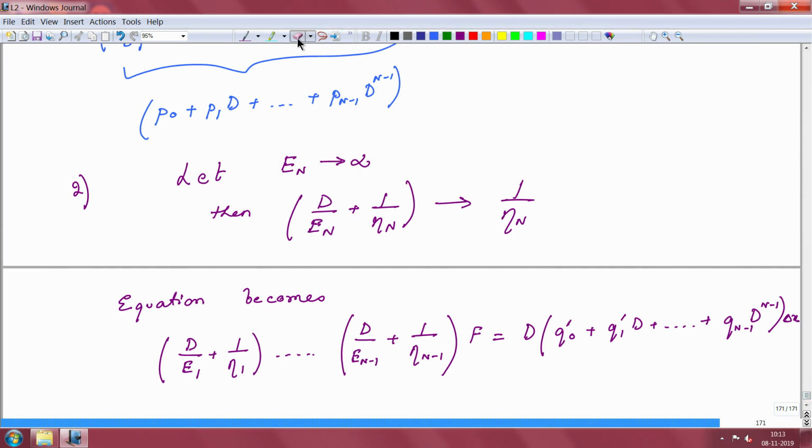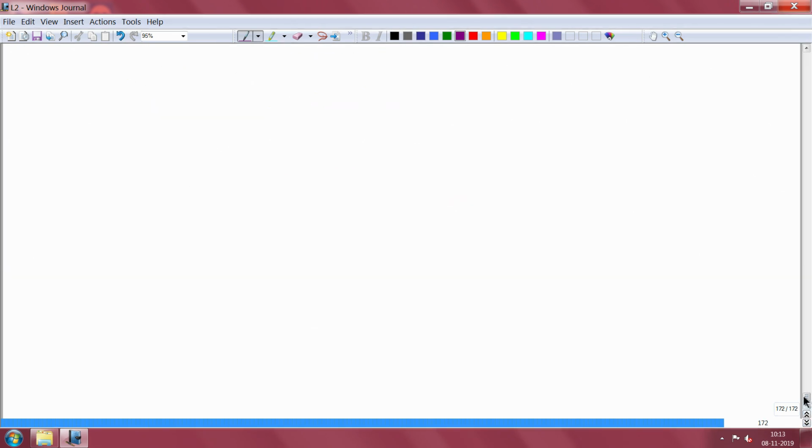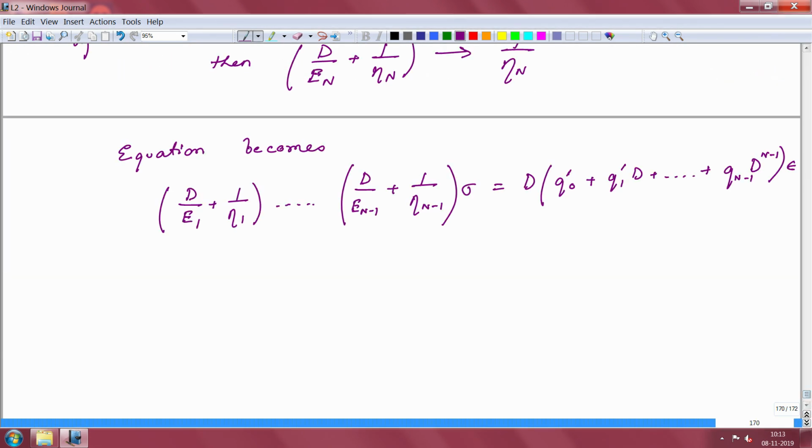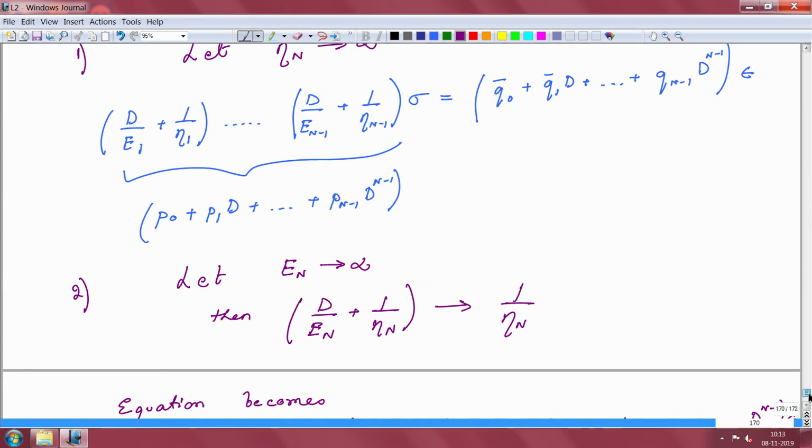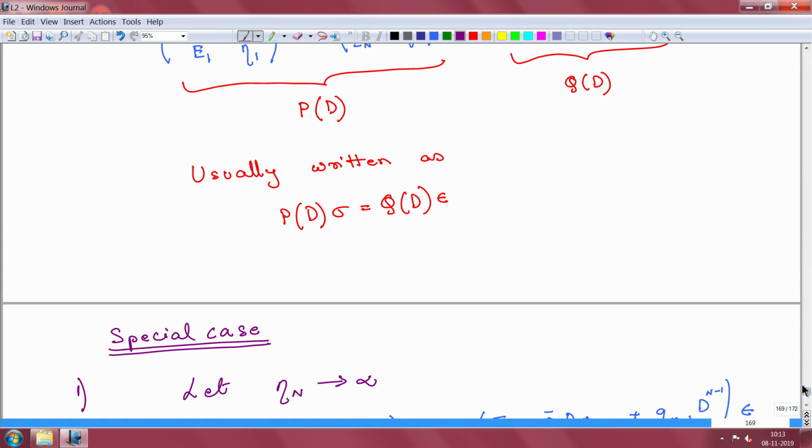Or I mean, here you can write it in terms of force or the strain, and though we know that they are equivalent. So, we can do that. So, this is strain, this is stress, and that is strain. Okay. So, you will see that here now there is a mismatch of the highest power. On the left hand side, your highest power of the operator d is n minus 1, whereas on this side you have n. Okay.